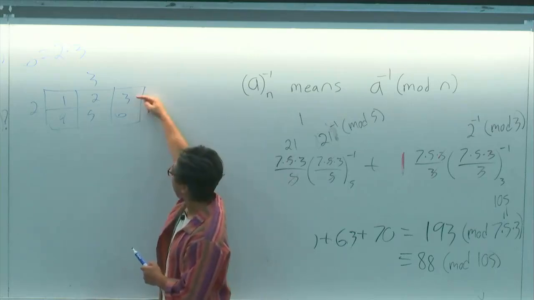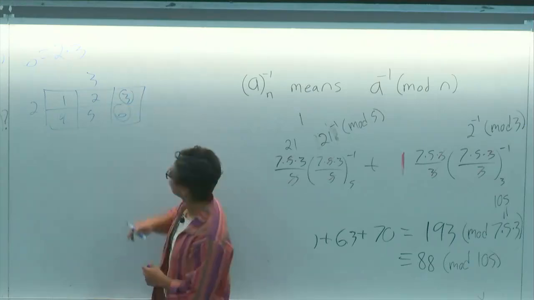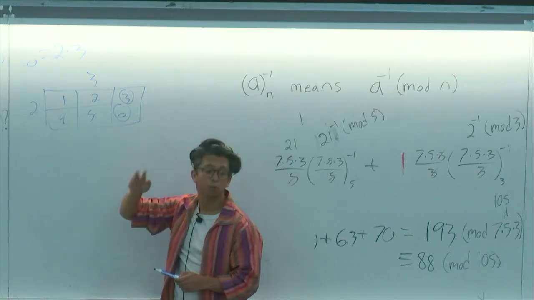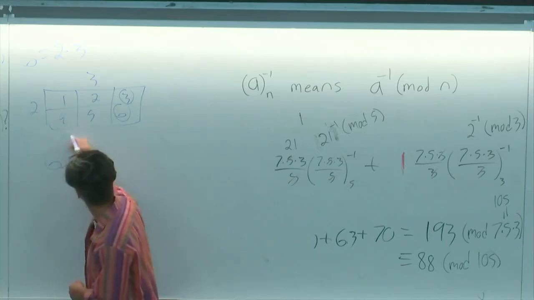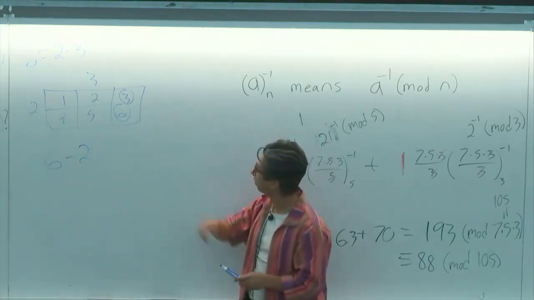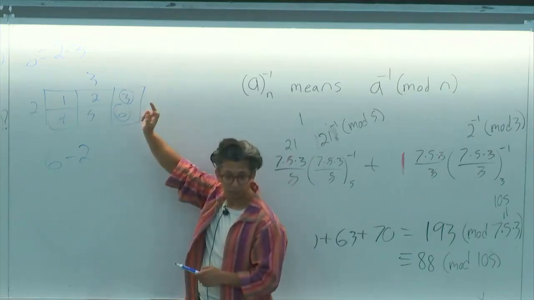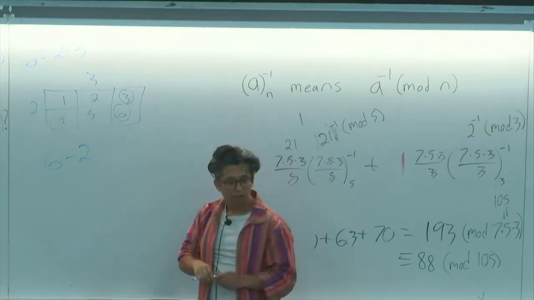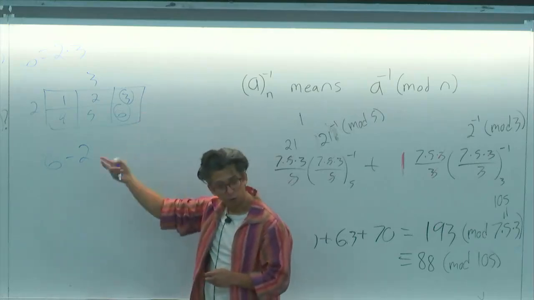How many multiples of 3 are there? We have 2 multiples of 3, and those can't have multiplicative inverses. So we started with 6 elements, and 2 of those share a factor with 6. We didn't get all of them, though. We missed some that aren't relatively prime with 6.